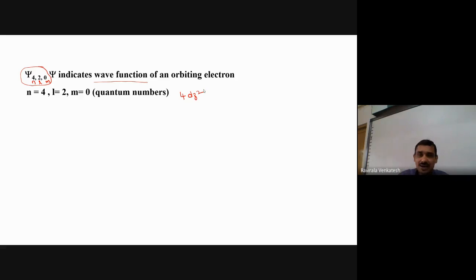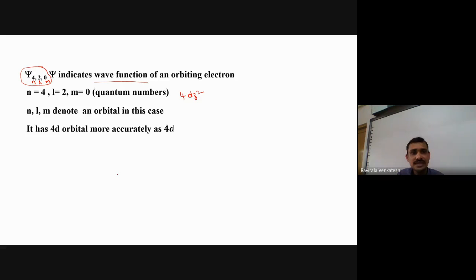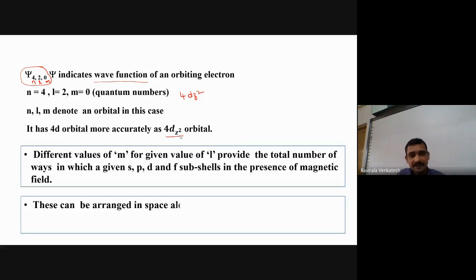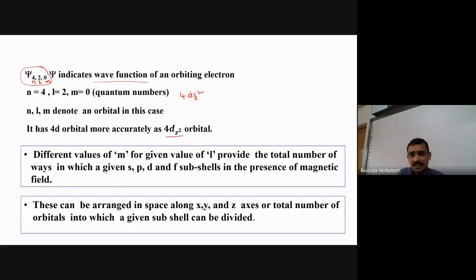Simply, we can say the electron is present in the 4dz square orbital. As I already told you, for d orbitals, m equal to 0 means you have to take dz square. In this way, n, l, m denotes an orbital. So it is nothing but 4dz square.